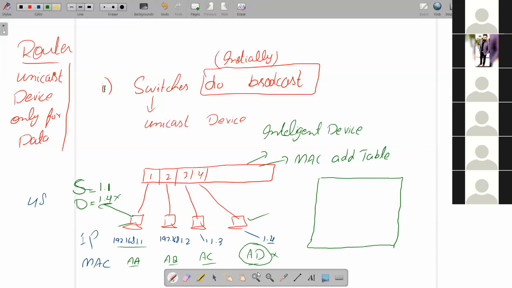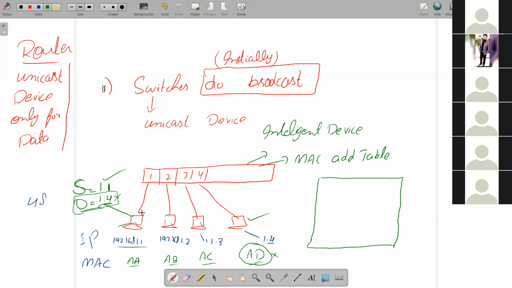It could be a mobile number, an email address, or any source. So this source only knows the destination IP address, but doesn't have any information about the MAC address.